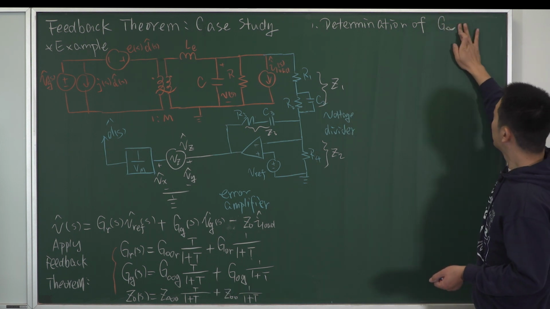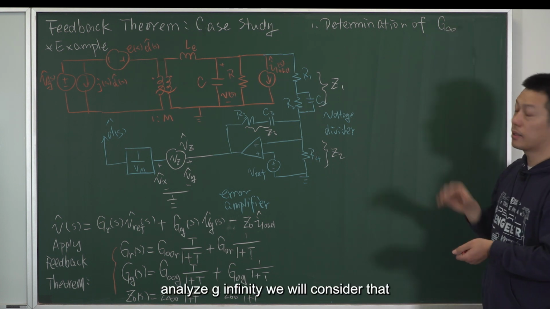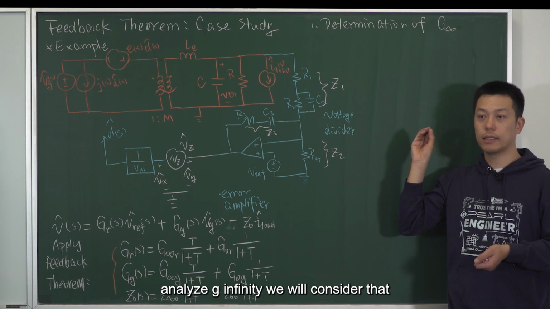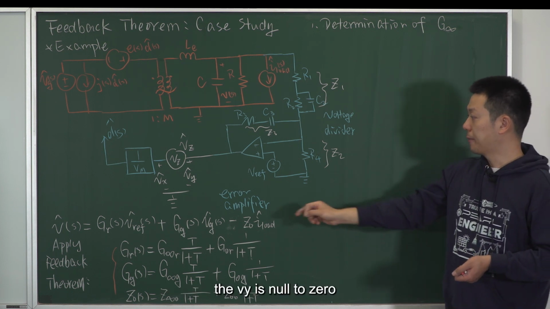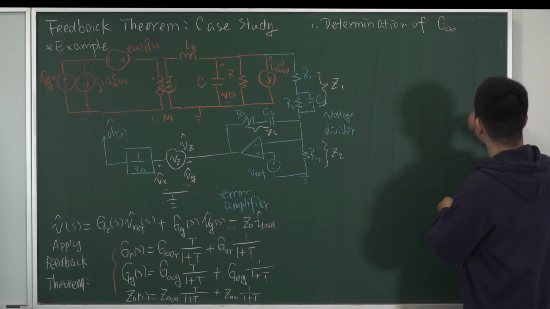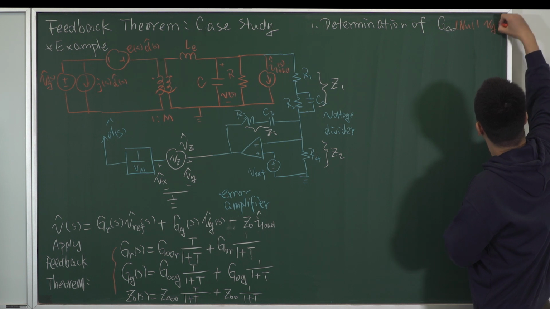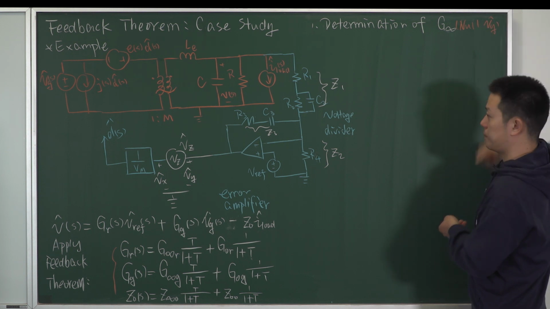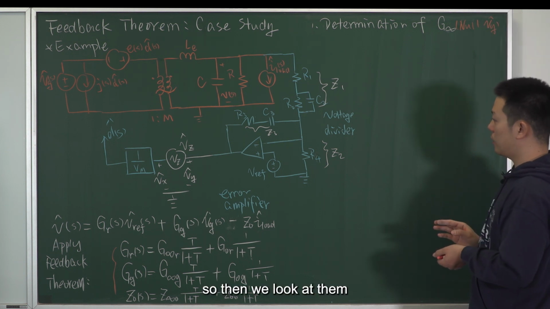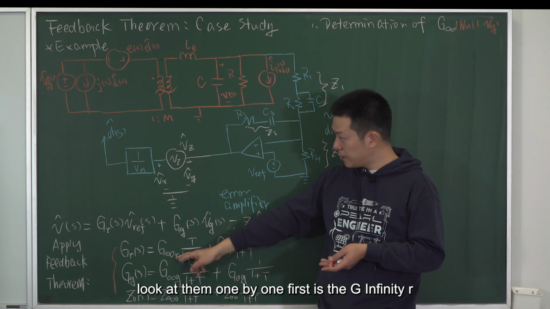Remember, when we analyze G infinity, we consider that Vy is nulled to 0. Then we look at them one by one. First is G infinity R.